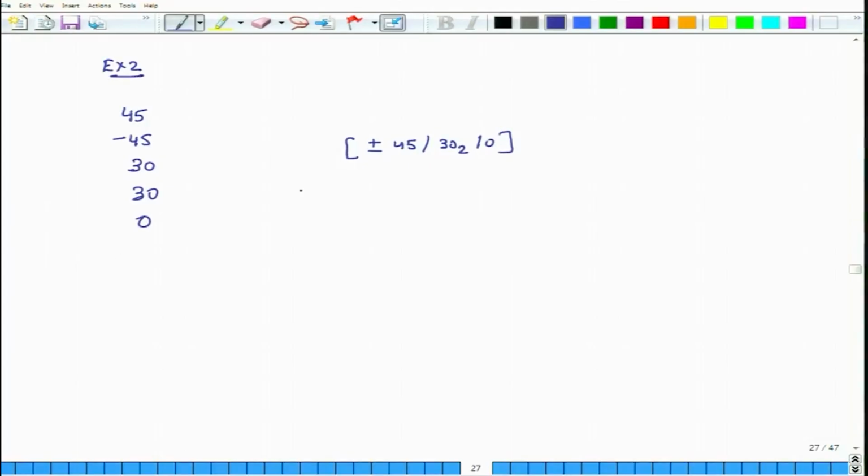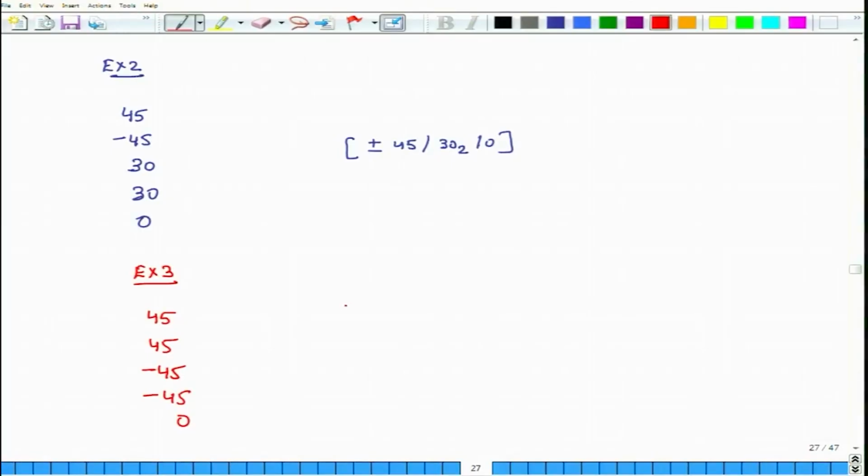Another example, example 3, is 45, 45, minus 45, minus 45, 0.